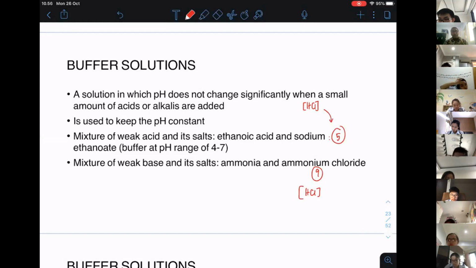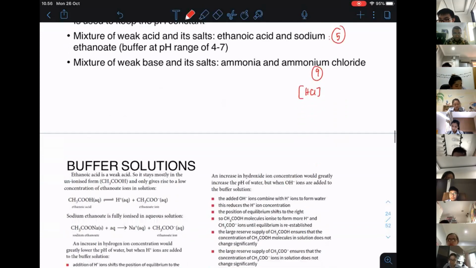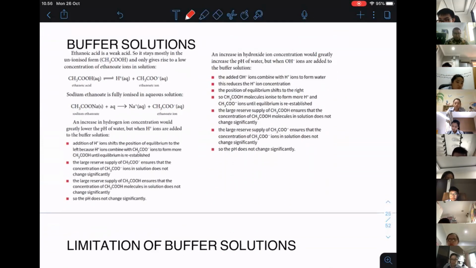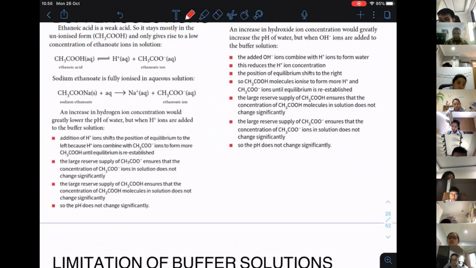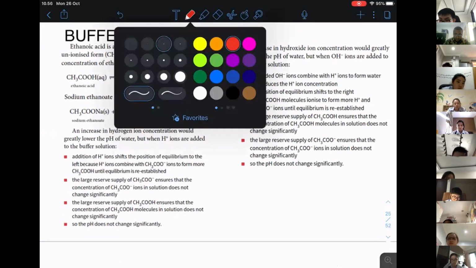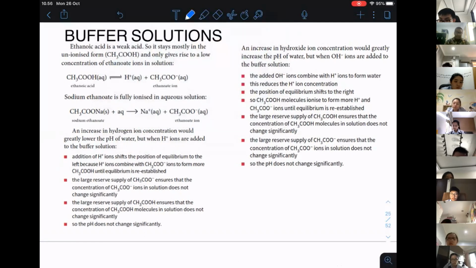So what we are going to learn here is how a buffer solution actually resists the pH change. We will go through this together. Some of it I have already discussed earlier with you, but ethanoic acid is a weak acid, so it stays mostly in this form.